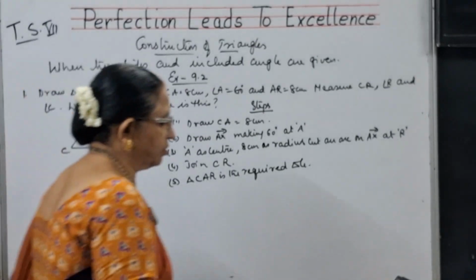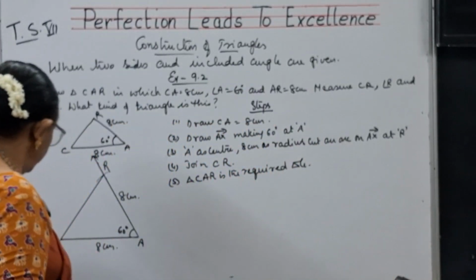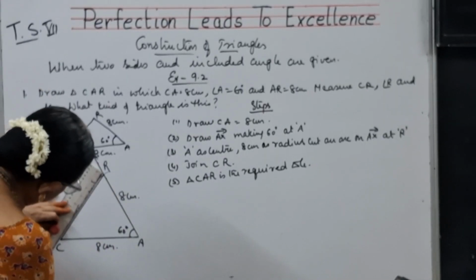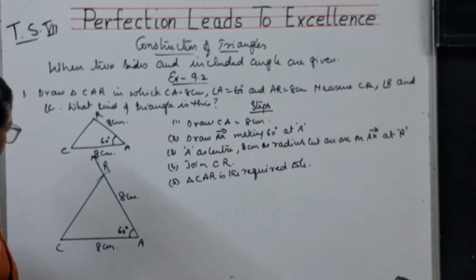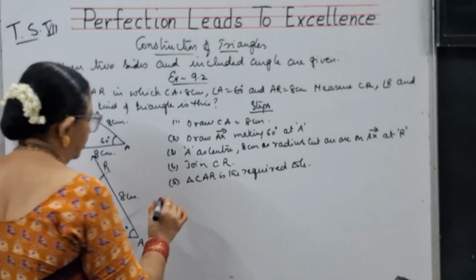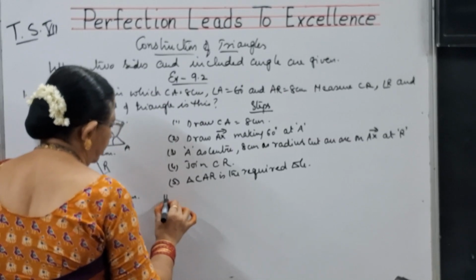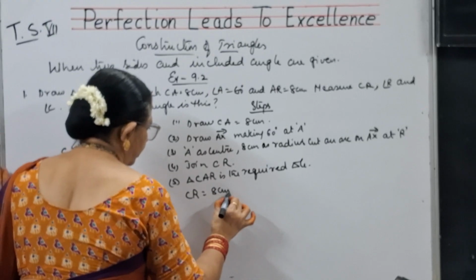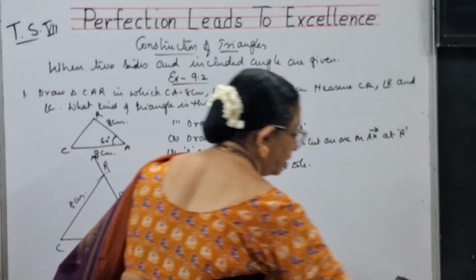Now what is it that they are asking? They are asking to measure CR. So when I measure this C and R, I have got 8 centimeters. CR measure is 8 centimeters. Next, what is angle R?